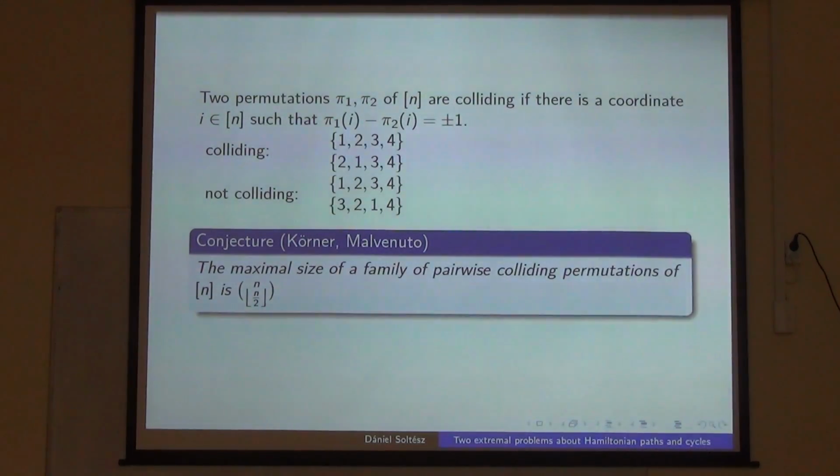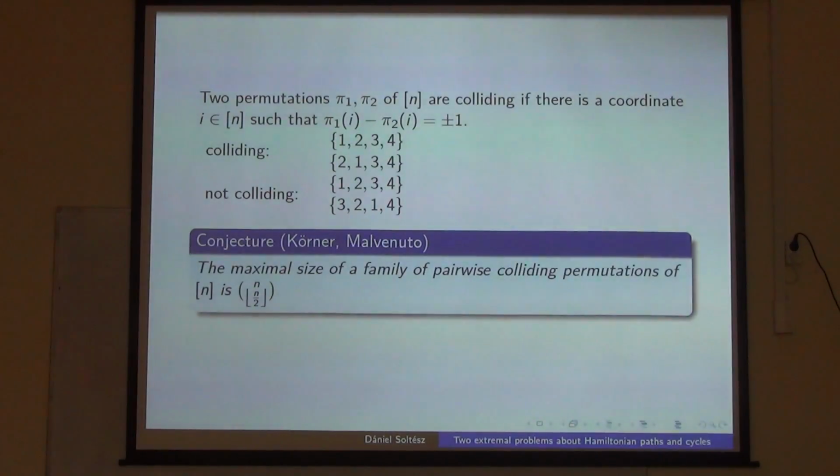And so there is a very natural correspondence between permutations and Hamiltonian paths. If you're interested in problems where you are looking for the maximum number of pairwise compatible permutations, some of them could be reformulated as the maximum number of pairwise compatible Hamiltonian paths.